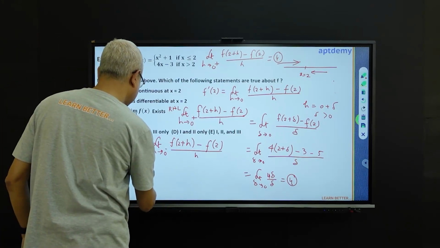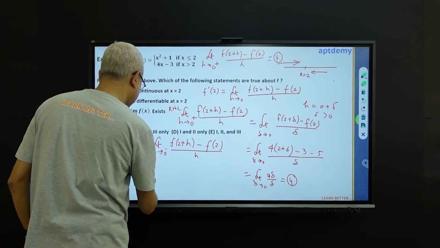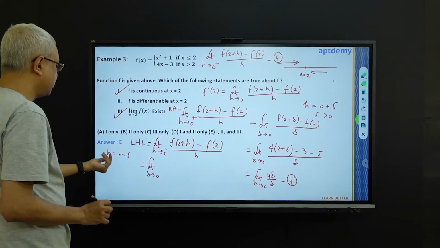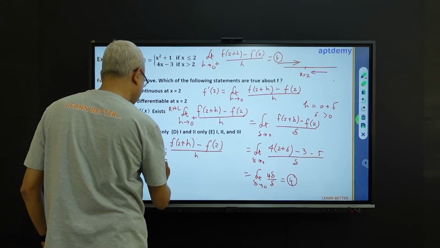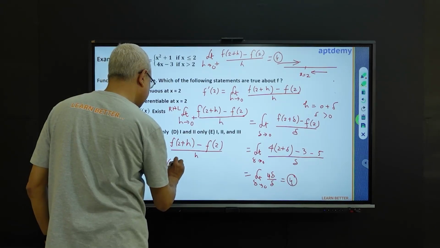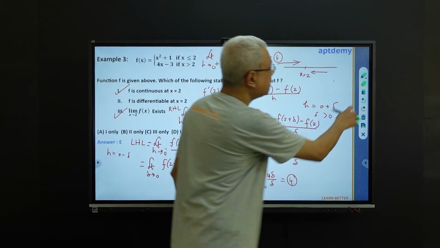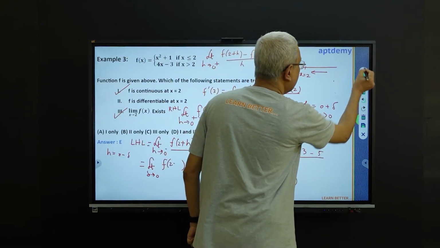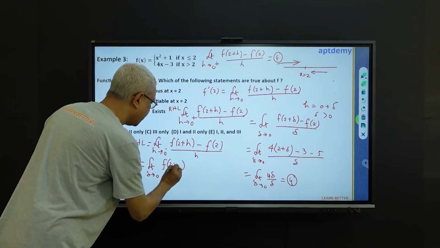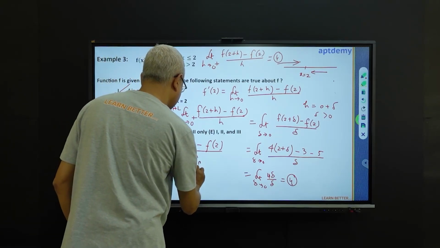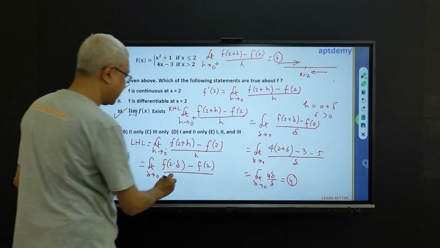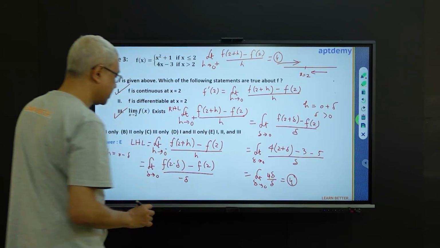So I can write this thing, limit delta approaching 0. In place of h, I write negative of delta. So it is f(2 minus delta) minus f(2) divided by, in place of h you write negative of delta, so it is like this.